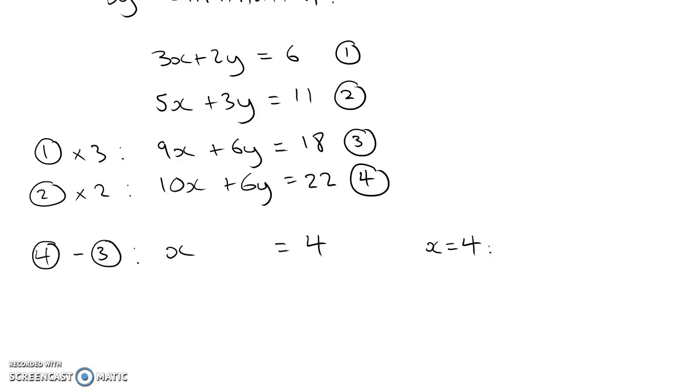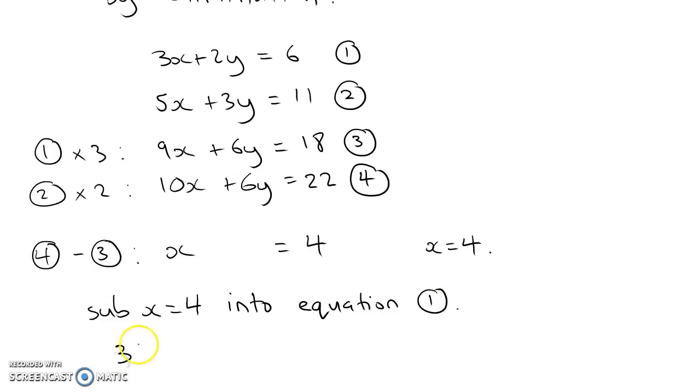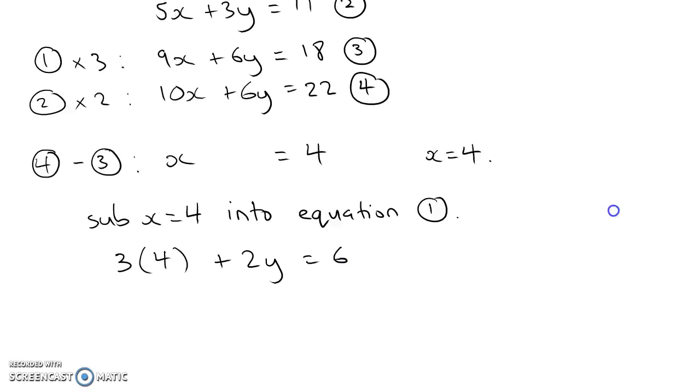Now we haven't quite finished. We need to substitute this x equals 4 into, again, either one of these equations. It doesn't matter. Let's choose equation 1. So we'll get 3 times 4, plus 2y equals 6.